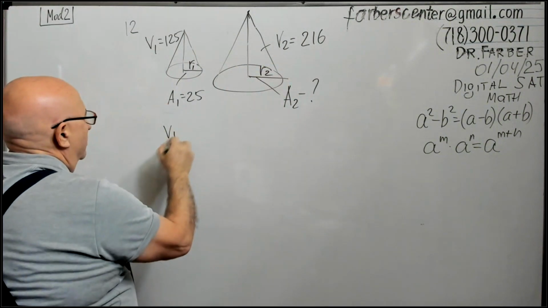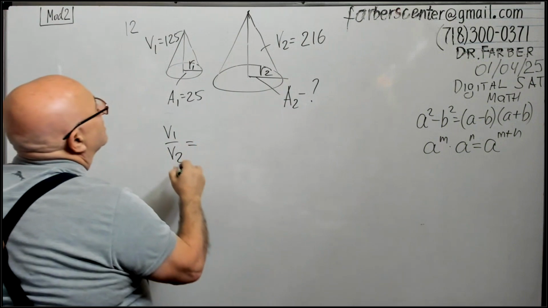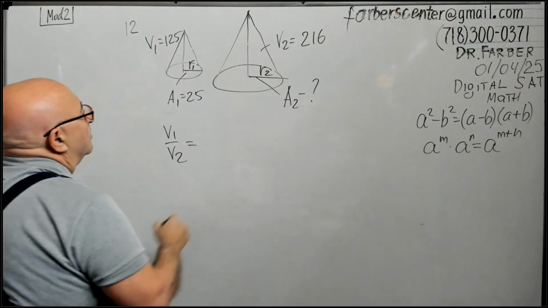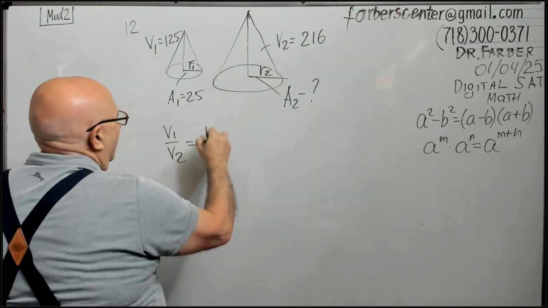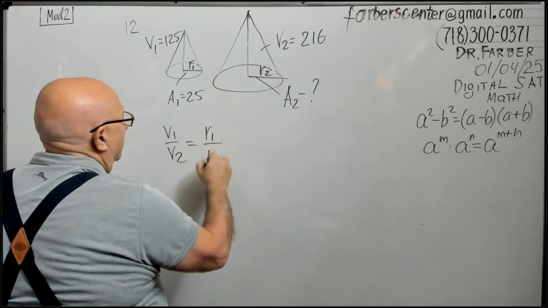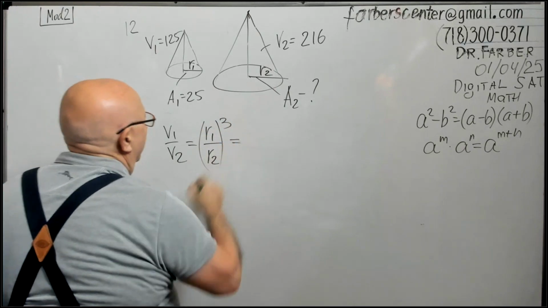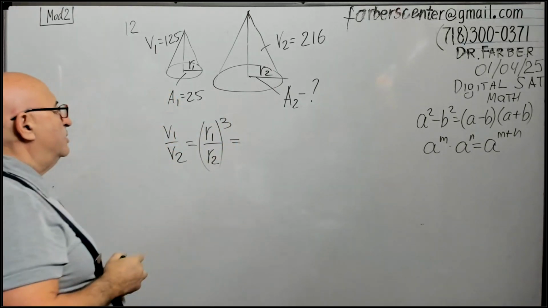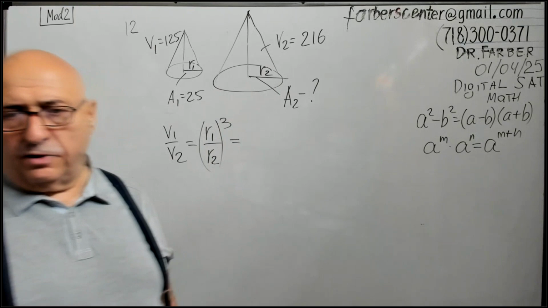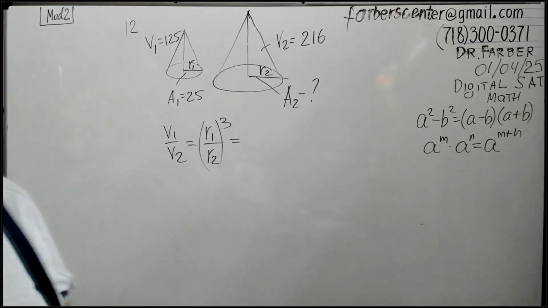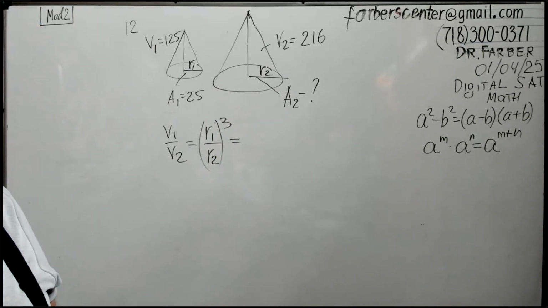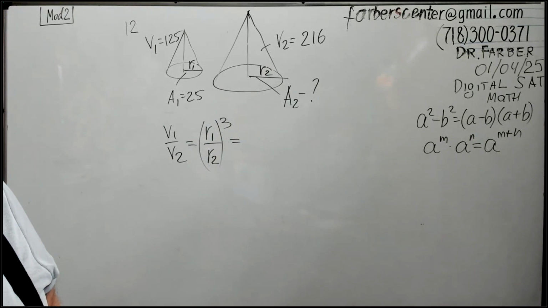So volume 1 to volume 2 equals R1 to R2 to the third power. We did many times, you remember, if two solids are similar, ratio of their volume equals cube of linear ratio. To understand this, this is key thing. After this, just mechanics. Daniela? Good.